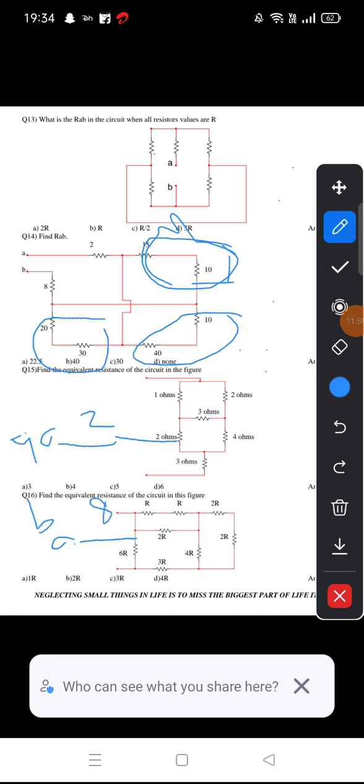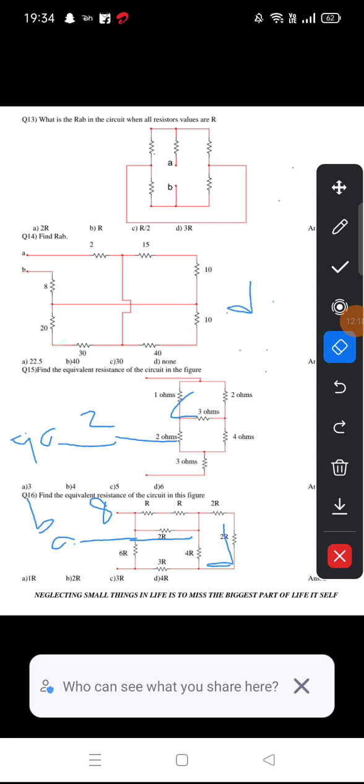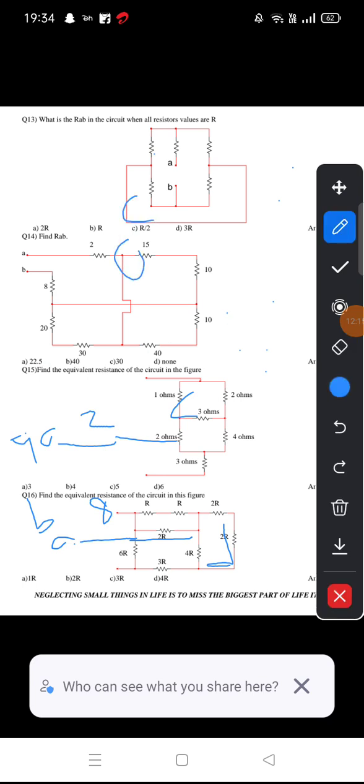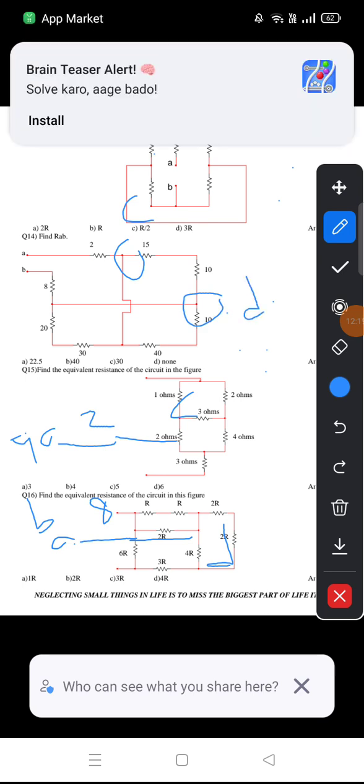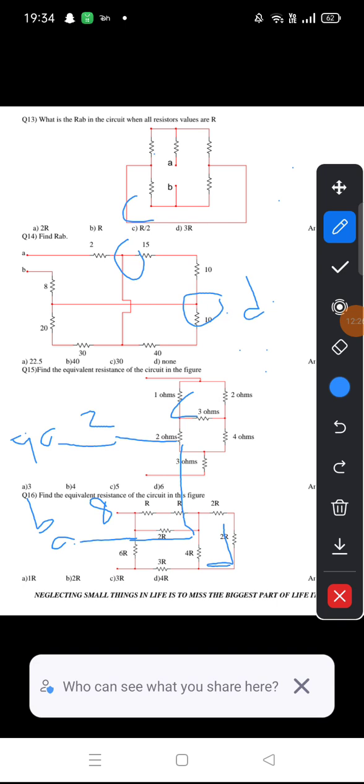Next, this is C, this is D. In between C and D, 15 plus 10, 25 ohm is connected. That means this is 25. Next, this is D, same as C, so again between C and D, 50 ohm.